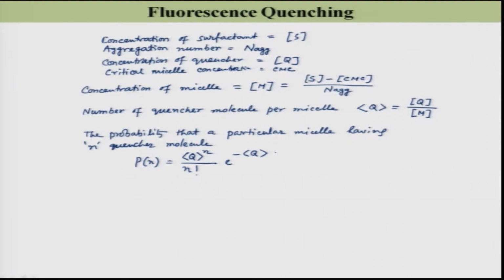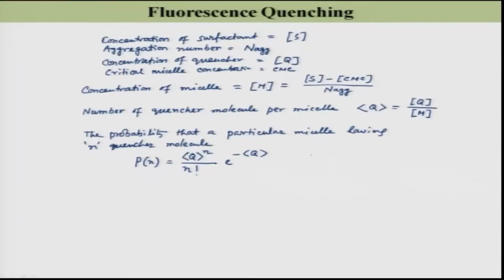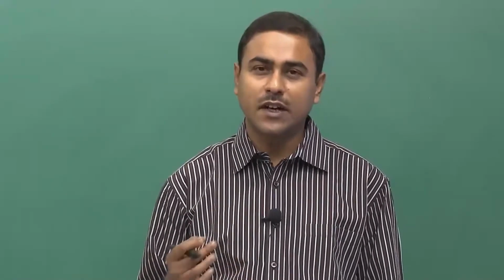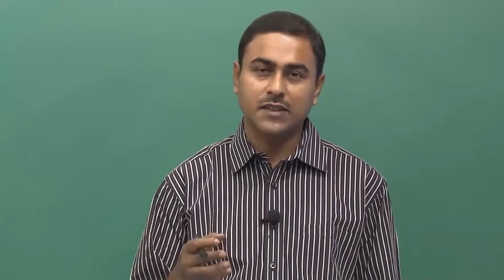Now, I will take two assumptions which are obviously valid assumptions. The first one I will take is that the fluorophores and quenchers are such that both can be present in the micelle. It is not that the fluorophore is completely hydrophilic, charged, while the micellar surface is positively charged and the fluorophore is also positively charged, so the fluorophore will never come to the micelle.